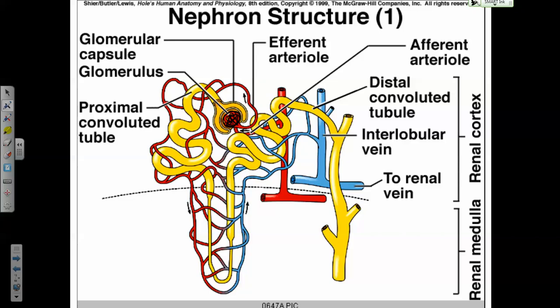Glomerulus. And then look at the Bowman's capsule. Do you see how it has a layer that kind of is on the surface of the glomerulus, and then it's got space, and then it's got another layer? So it's got what we call a visceral layer and a parietal layer.